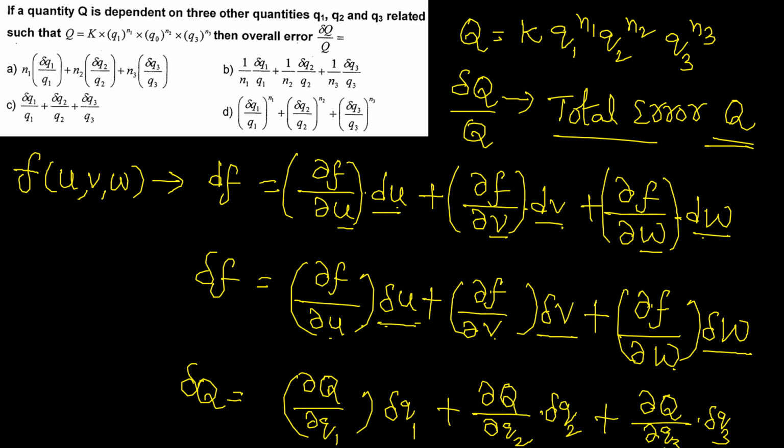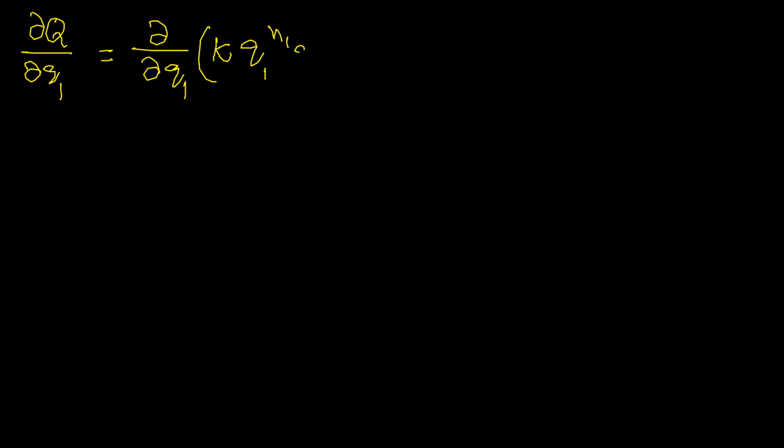Now let's find the partial differentiation of function Q with respect to q1, q2 and q3. Then substitute that in this equation in order to obtain the total error del Q. So first find the partial differentiation of Q with respect to q1, that is equal to dou by dou q1 of K times q1 power n1, q2 power n2, q3 power n3.